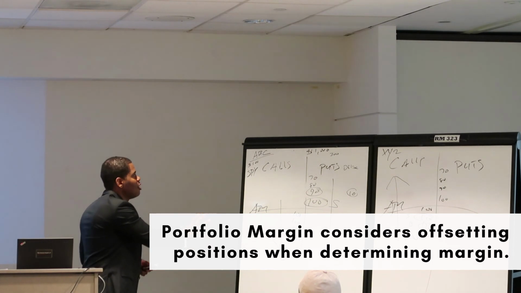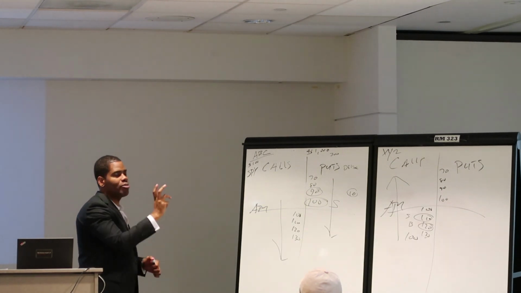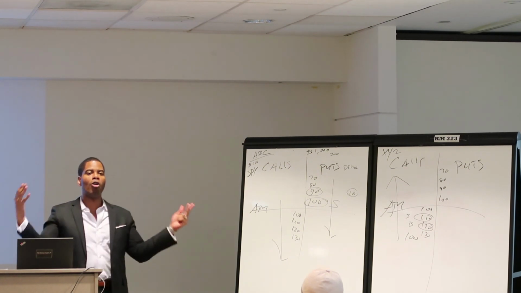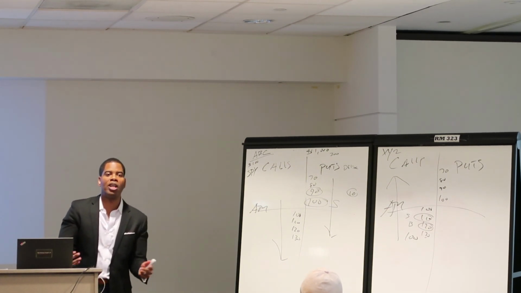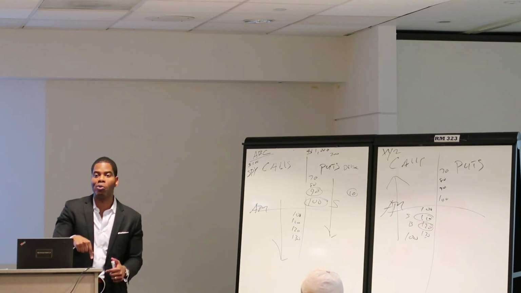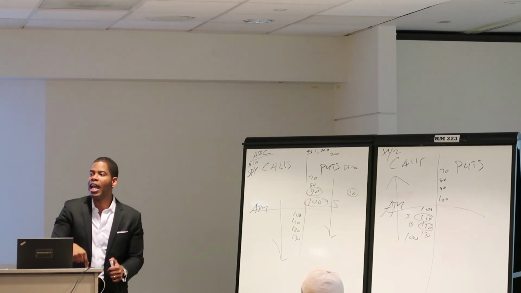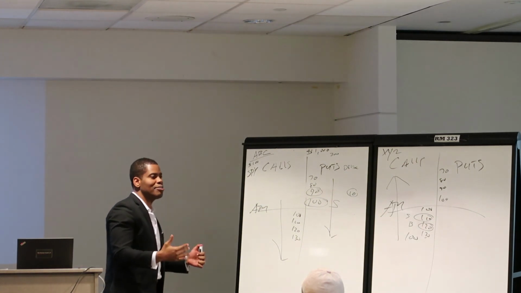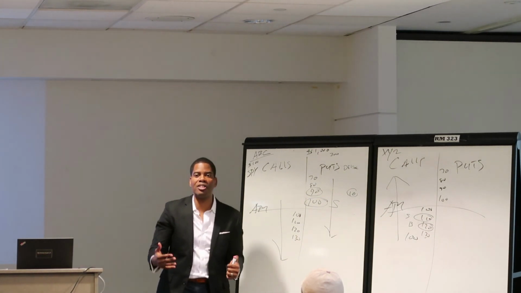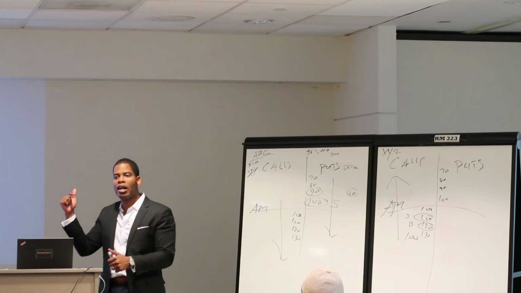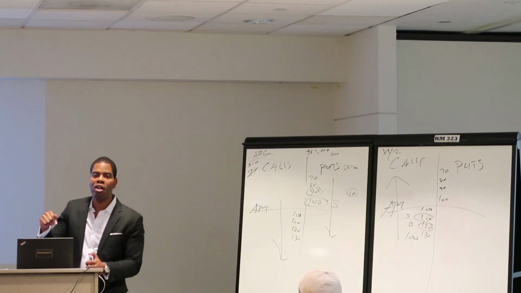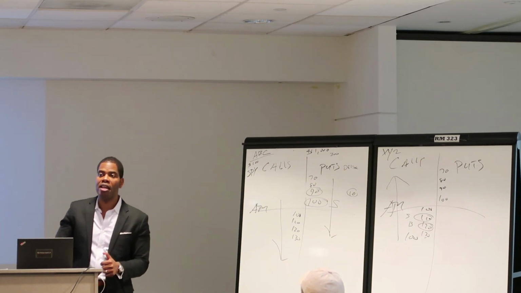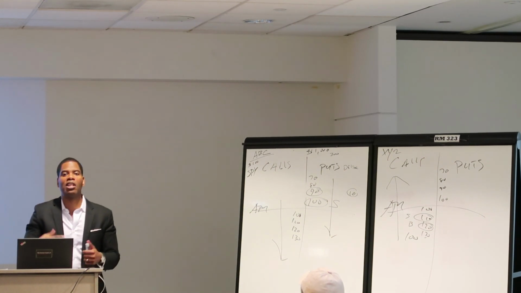It says, okay, you have something long here, something short there, but it also measures your account up or down 20%. So what would happen to your overall portfolio if the market went up 20% in one day, and what would happen if it went down 20% in one day? And if it went down 20% one day, they base it on 2 times your account. So if your account is $100,000, and through their calculations you will lose more than 2 times your account, or 200,000, at 20% down, then they will give you a margin call.